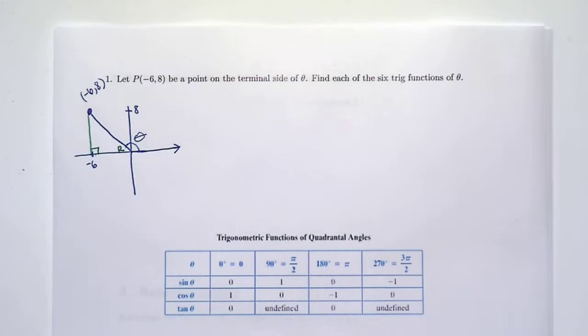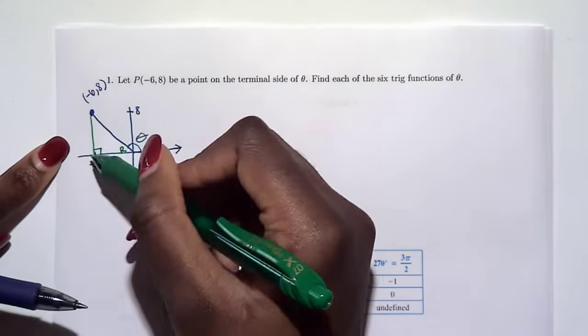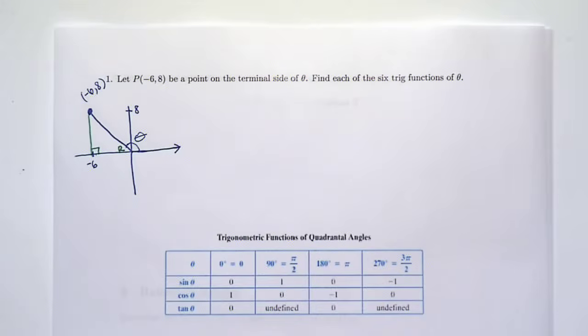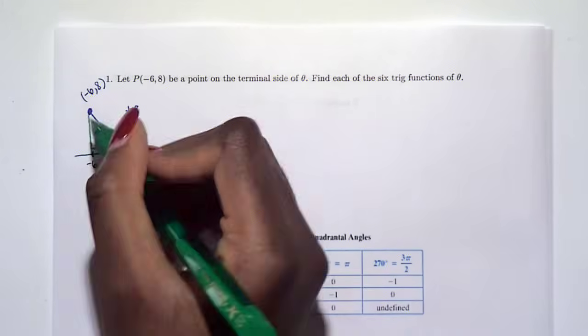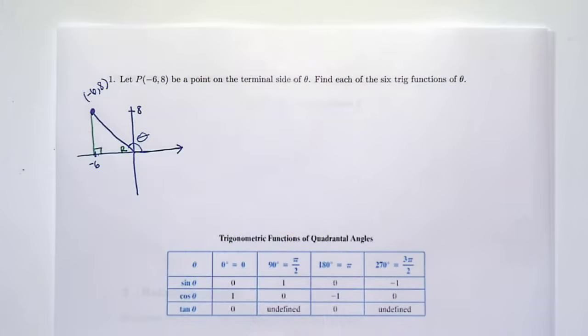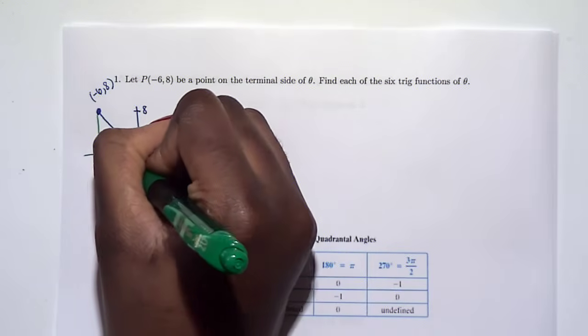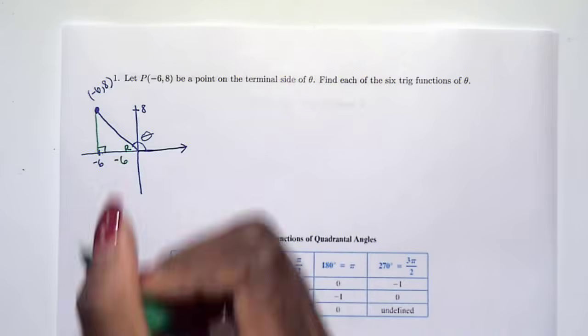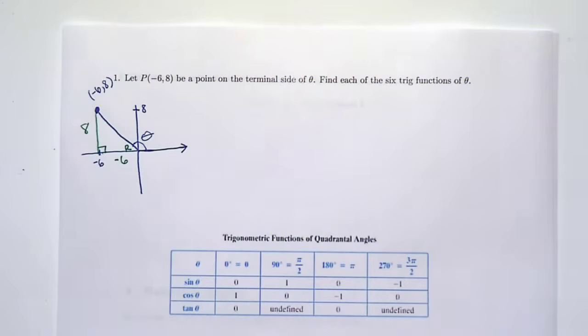So we're going to use our trig functions and we're going to use this triangle. We need to know all three side lengths of our triangle. Here, this distance, you could either think about it as 6 or -6. We can keep it as -6. The height is 8.